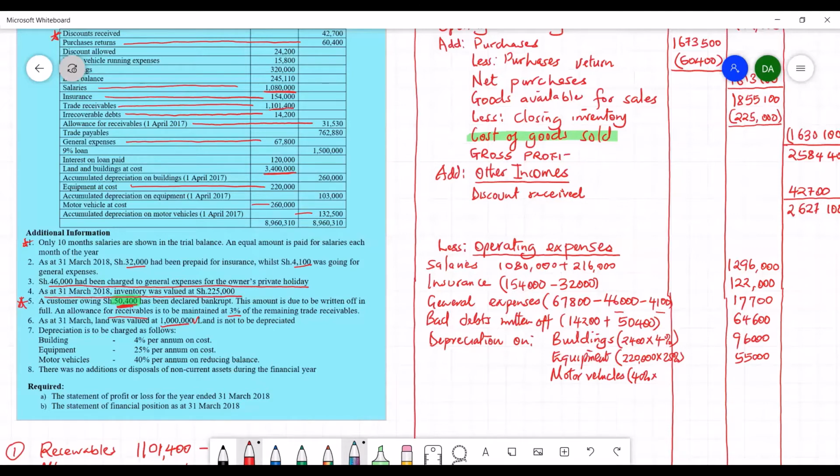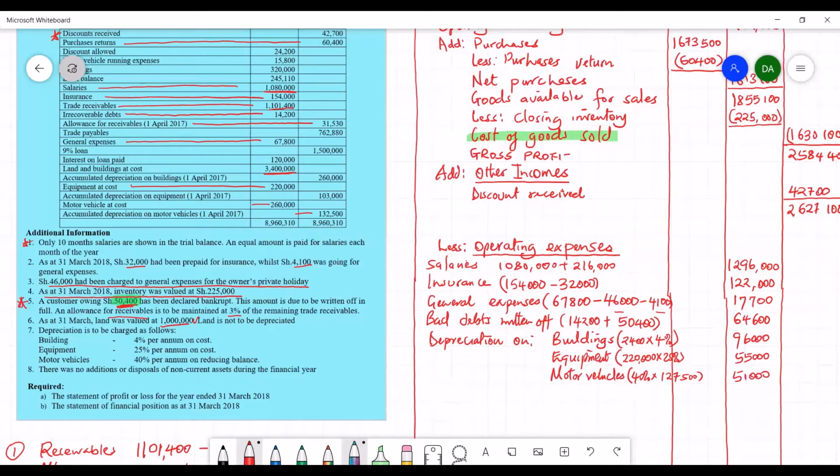So we have 260,000 minus 132,500, and that is equal to 127,500. And 127,500 times 40% is equal to 51,000.